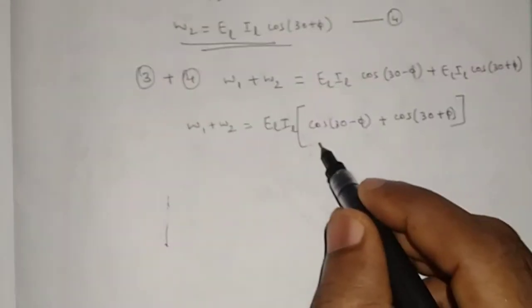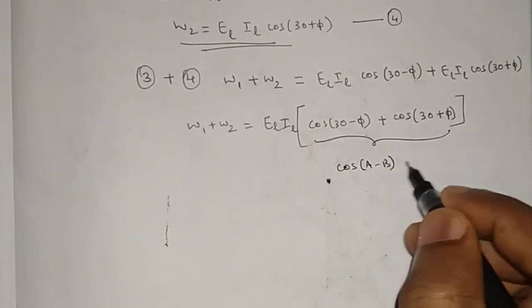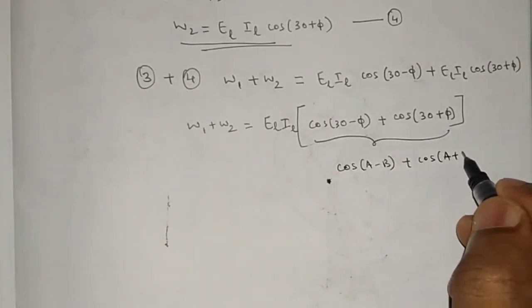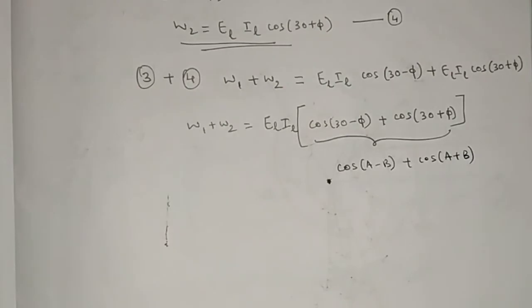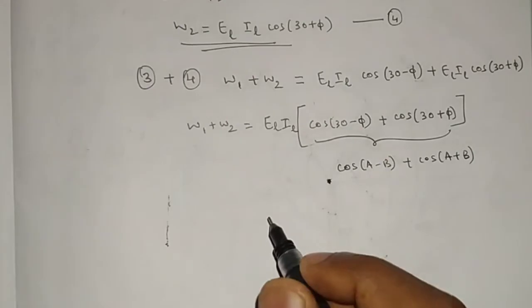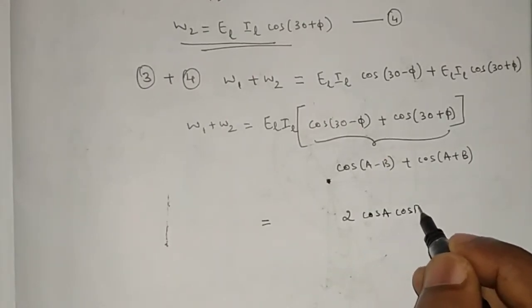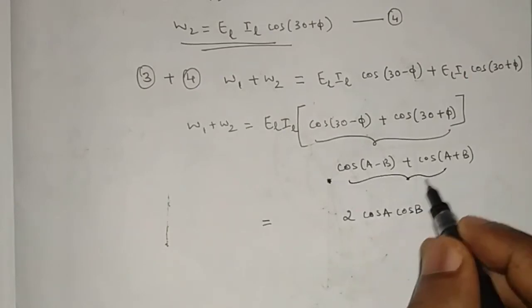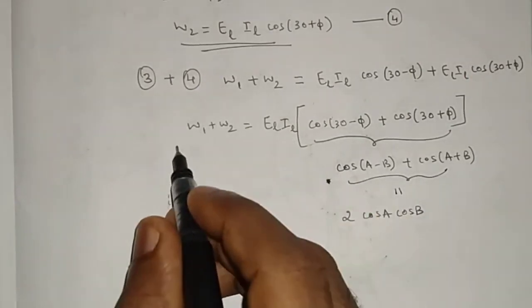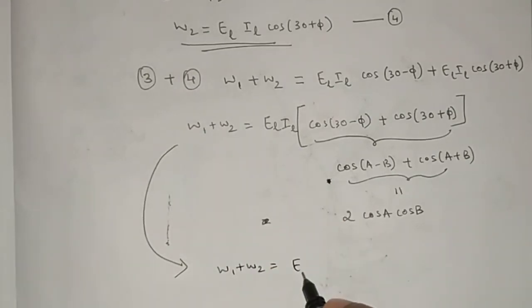Now I will simplify further. This is in the form of cos(A minus B) plus cos(A plus B). You know that cos(A minus B) plus cos(A plus B) is nothing but 2 cos A cos B. This is the formula. So I'll substitute this here, and I'll get the equation as W1 plus W2 is equal to EL IL.